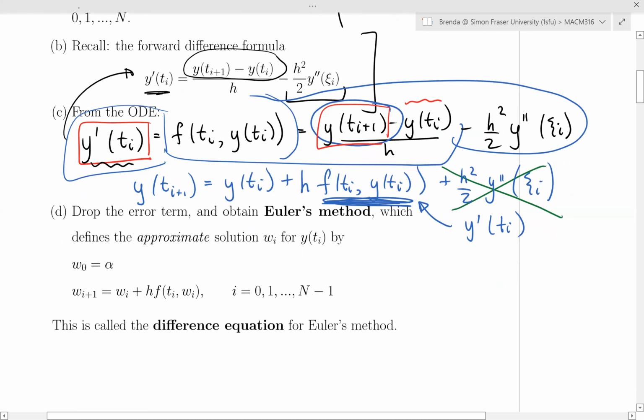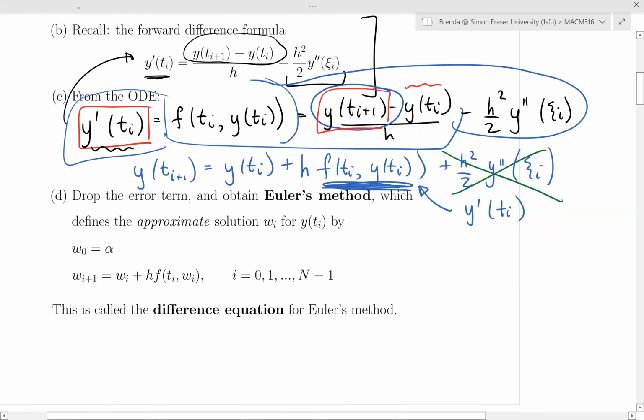It gives us an approximate solution for our differential equation. We take the first approximation for our function to be the initial condition, which we are told.